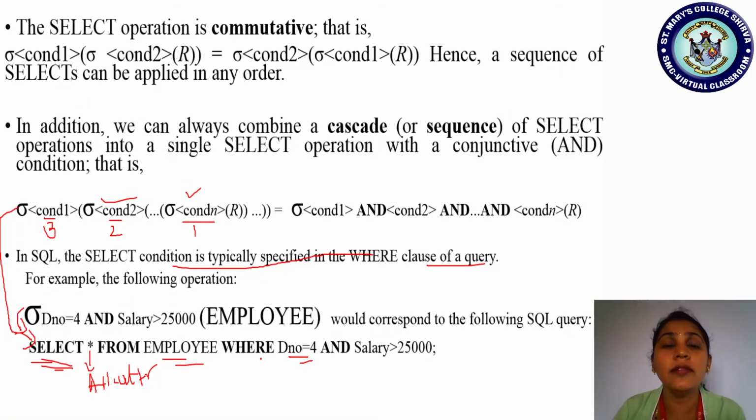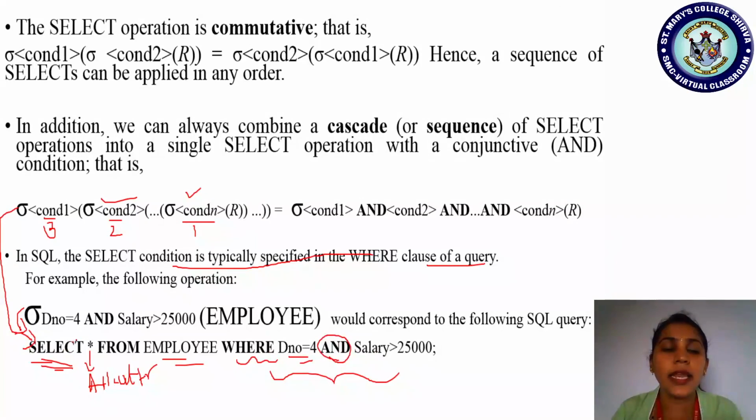So where is a clause or keyword here. The condition which has to be satisfied has to be written with the help of the where clause. So where department number equal to 4 and salary is greater than 25,000. Just check out here, students, you have connected two conditions with the AND operator.